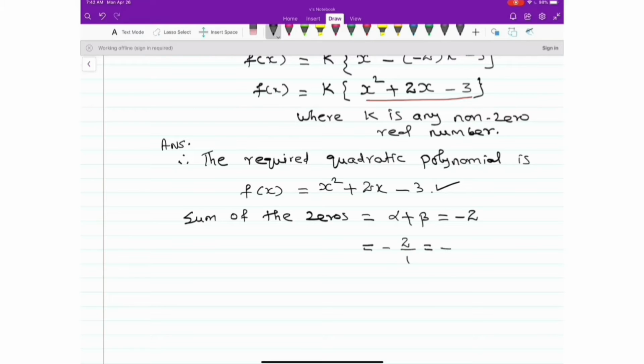That is minus, what is 2 in this quadratic polynomial? 2 is the coefficient of x and 1 is the coefficient of x square.